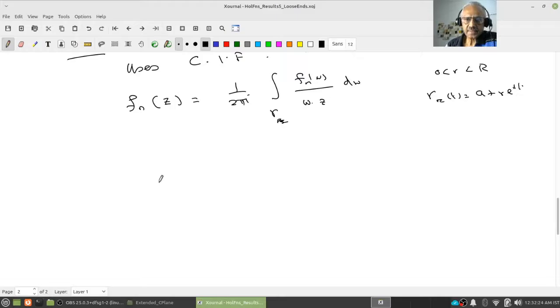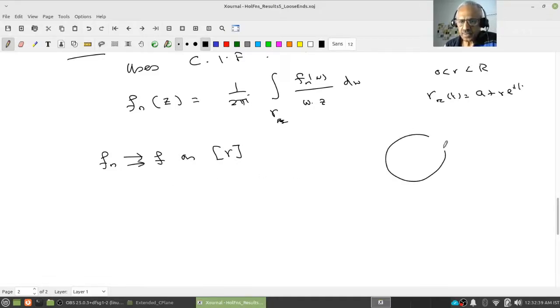Okay. So now what do I know? Now, since Fn converges locally uniformly to F on gamma, right? Now let's look at this. This is my gamma R, this is my A, my w is here and z is here. Remember that now z is fixed, right? Therefore 1 by w minus z. So let us look at a picture so that you understand what we are trying to say. My z may be this. Now look at all possible distances.